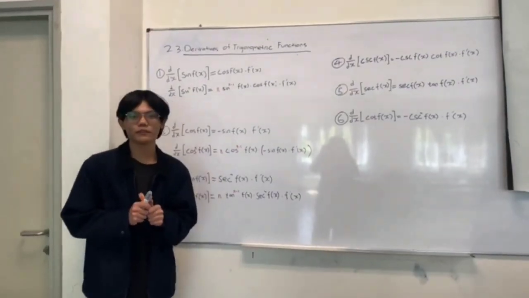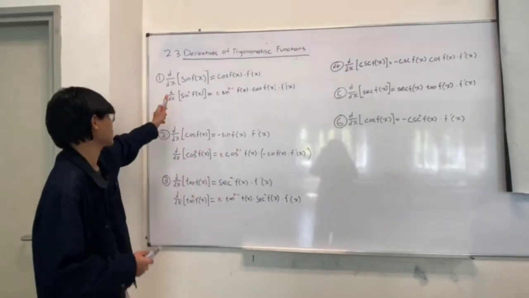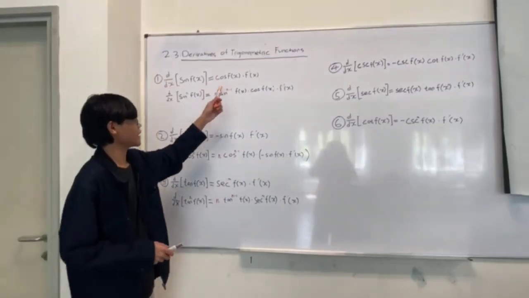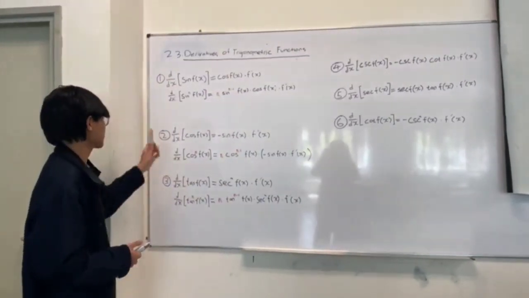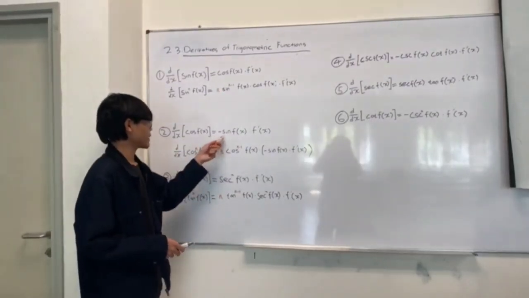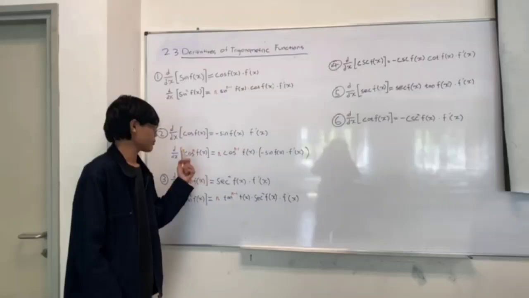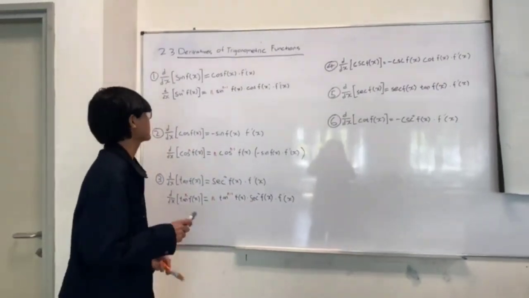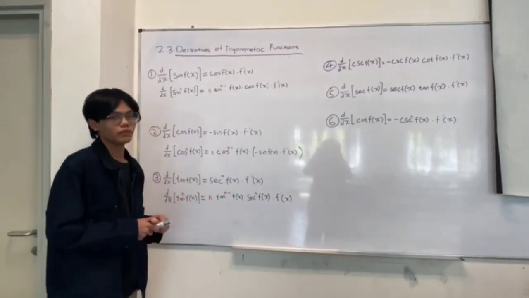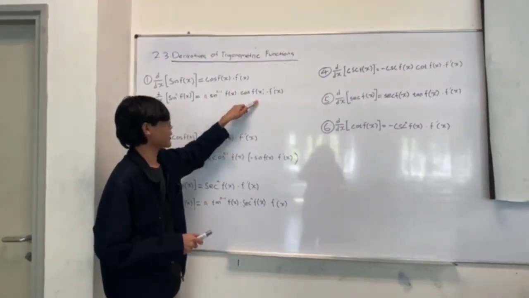So for my part, I will explain the derivative of the trigonometric functions. First here we have the trigon, sin f(x), and we just derive the sine into cos and derive its angle. The second one here is cos f(x), we derive to become negative sine and derive its angle. Third one here we have tan, derived to become sec square and derive its angle. Also if we have a power here, we need to apply the power rule, and then we can derive the trigon and its angle.